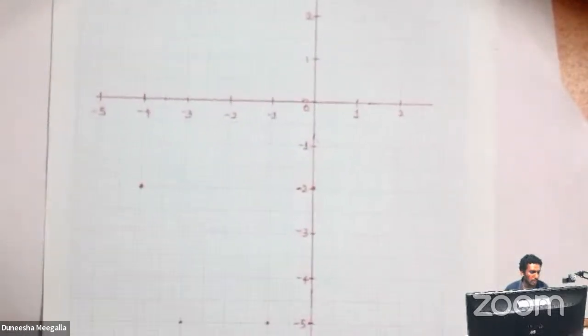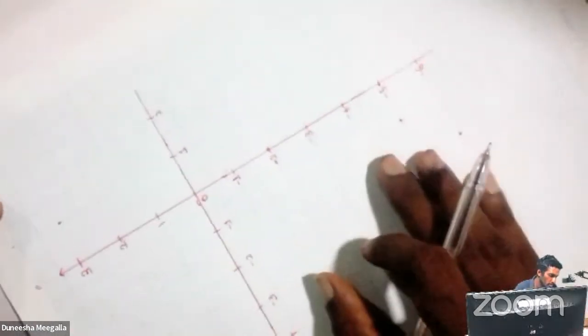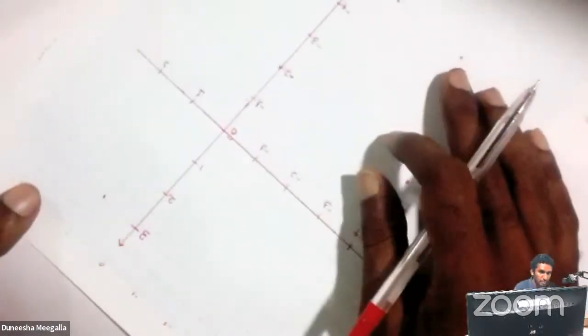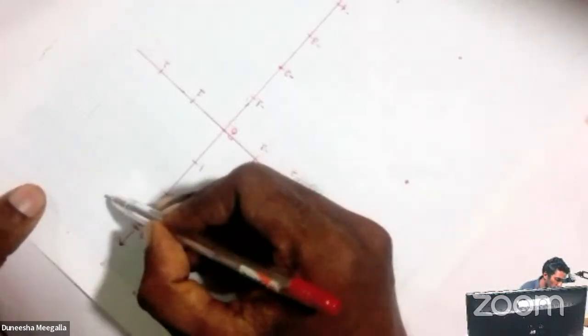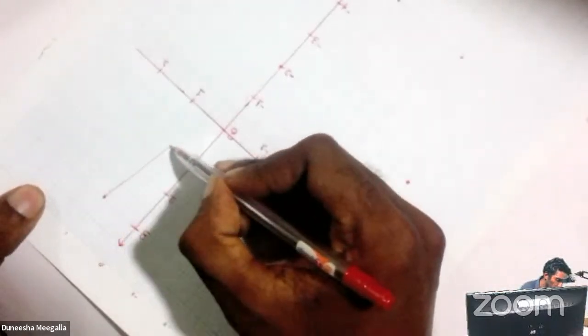Okay. Did you plot the points? After that I am going to connect the points. Okay.